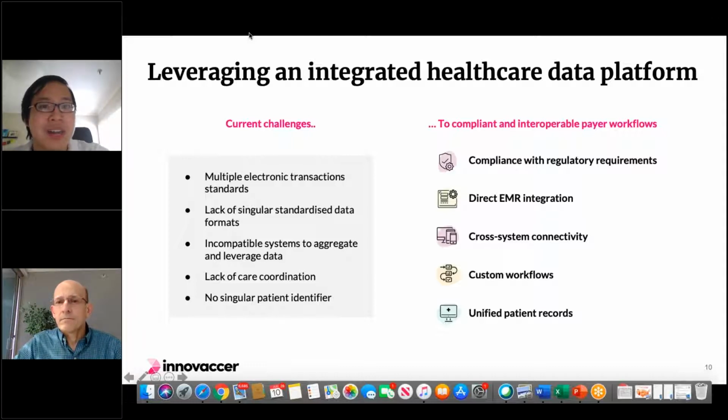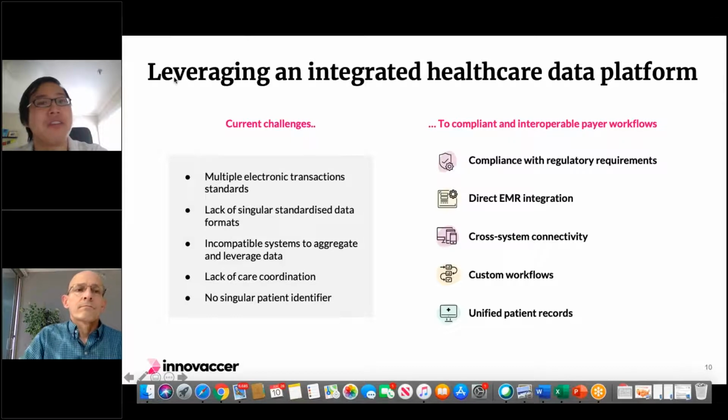Interoperability also has a lot of sway in driving cross-system connectivity and custom workflows. I want to highlight that more as a conceptual point, as a way to think about how you can go after use cases or needs that you have within your payer organization that go beyond existing systems or existing workflows that have been the status quo.